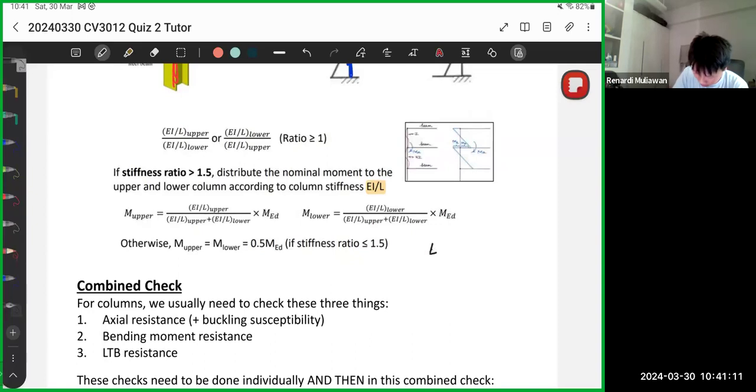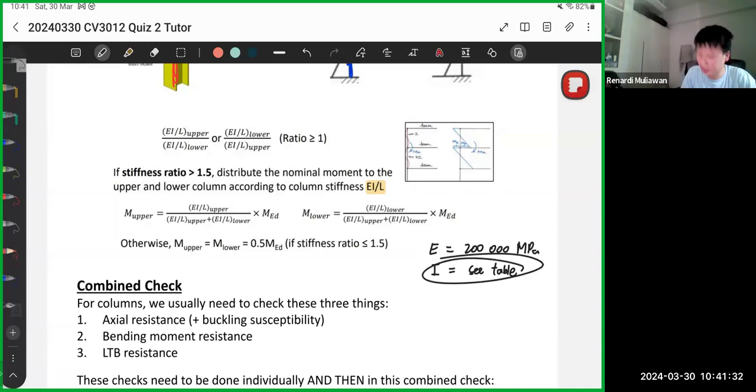E has a fixed value, 200,000 megapascals, I think this is the E of steel. Then the I depends on the section table. As long as the columns have the same cross section, I should be the same. So usually L is the main factor of the ratio.